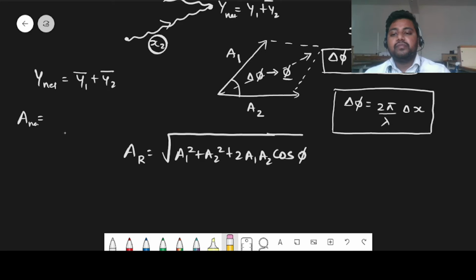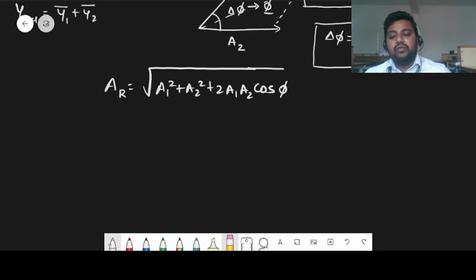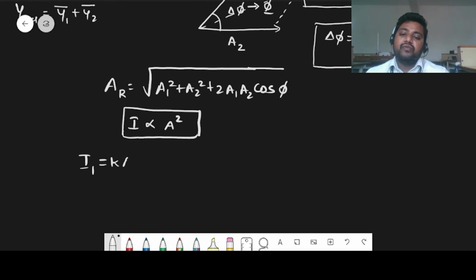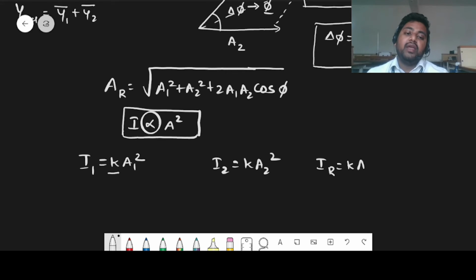Now we know from previous understanding of waves that intensity is always proportional to amplitude square. So I1 is k times a1 square, and I2 is k times a2 square. When removing the proportionality symbol, we introduce a constant. So I1 is proportional to a1 square, I2 is proportional to a2 square, and I resultant is proportional to a r square.